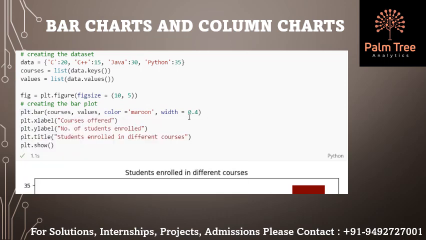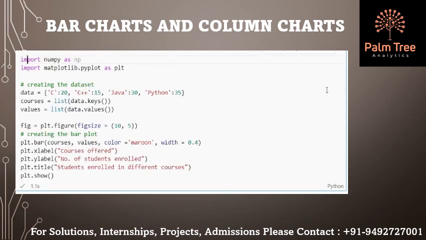This plot is actually derived from the figure, and the figure is taken from matplotlib.pyplot as plt. So plt dot figure, we are defining the figure size, how much it should contain.